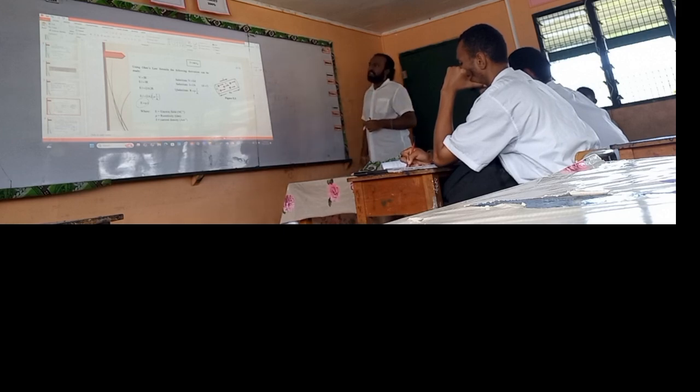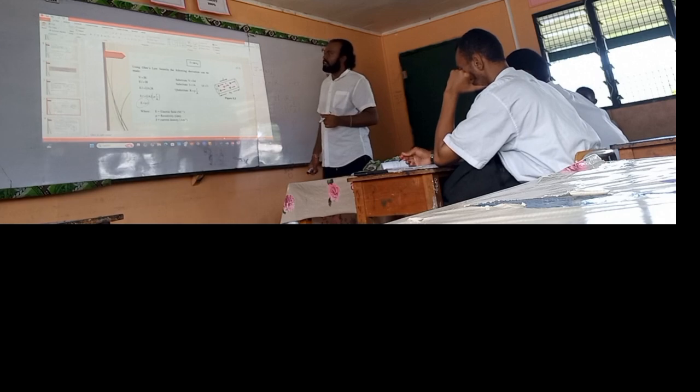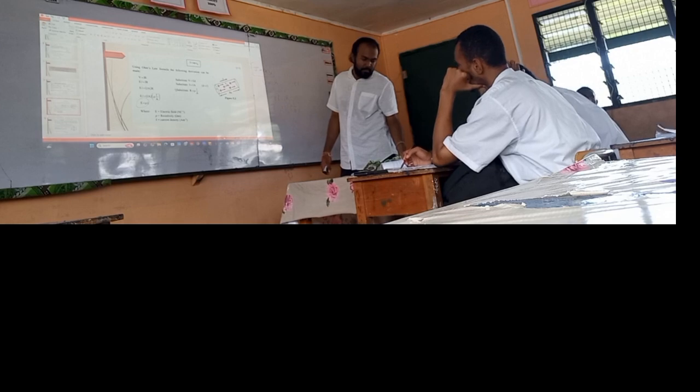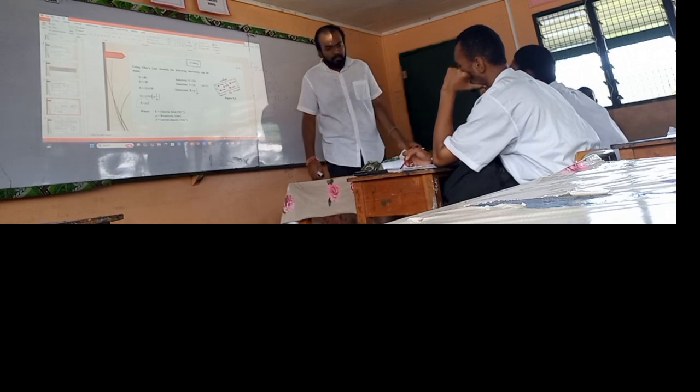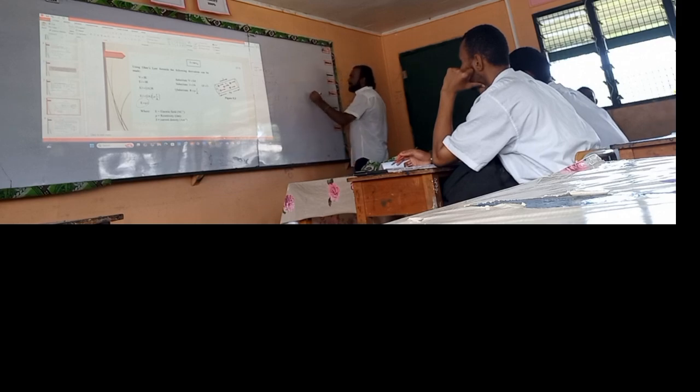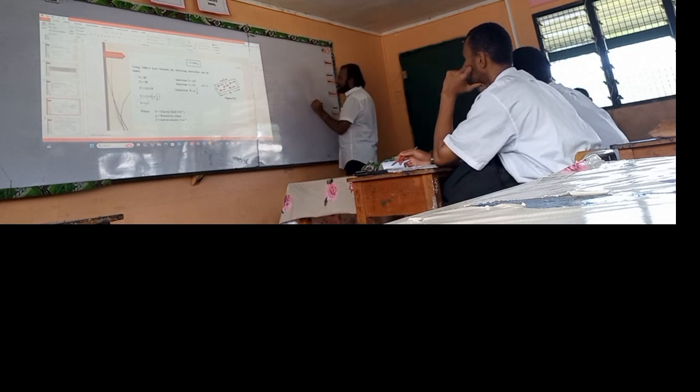And what's I? Current density J equals I over A, so I equals JA. We'll substitute this here.